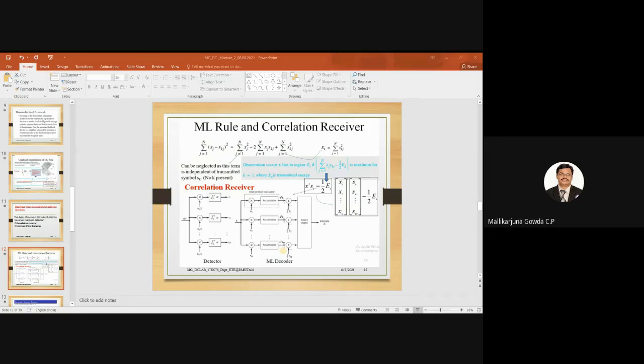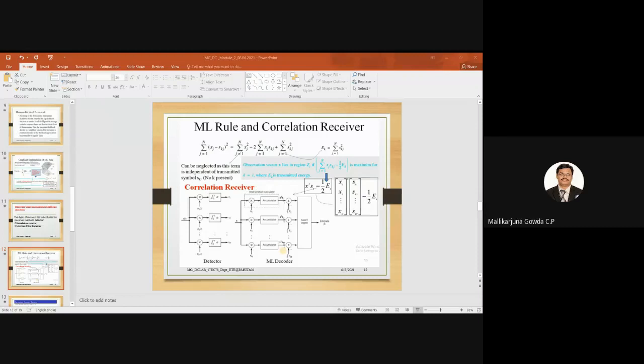The first term is the energy of the received signal, which is independent of the index k. So I can ignore this term because k is not present here.